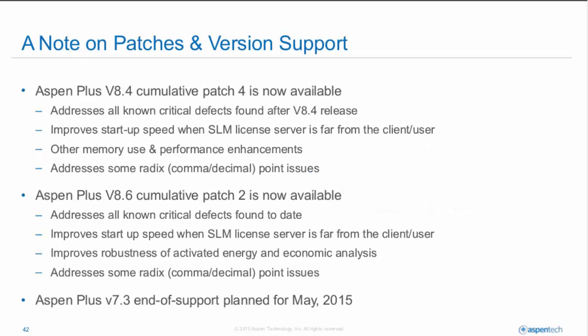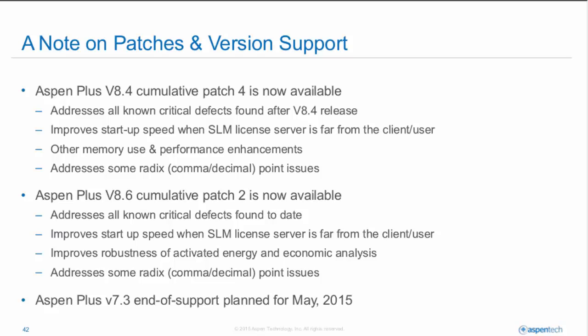Now, I'd just like to use this opportunity to point out that we recently shipped some new patches for both the 8.4 and the 8.6 release. This addresses all the serious defects that have been found since we've shipped these releases the first time. It also includes a specific improvement to make Aspen start up faster, especially if you operate with a licensed server far from where you sit.